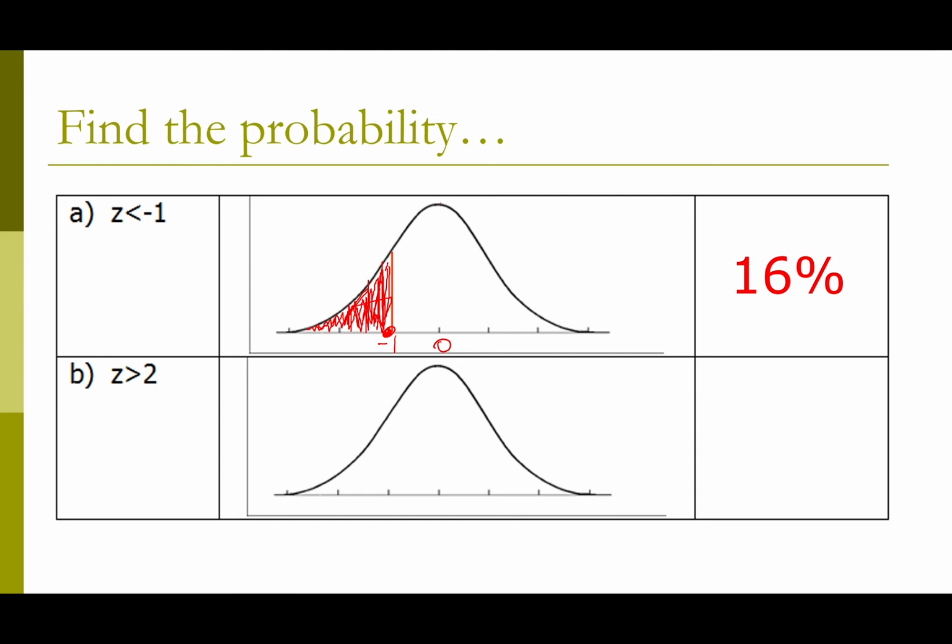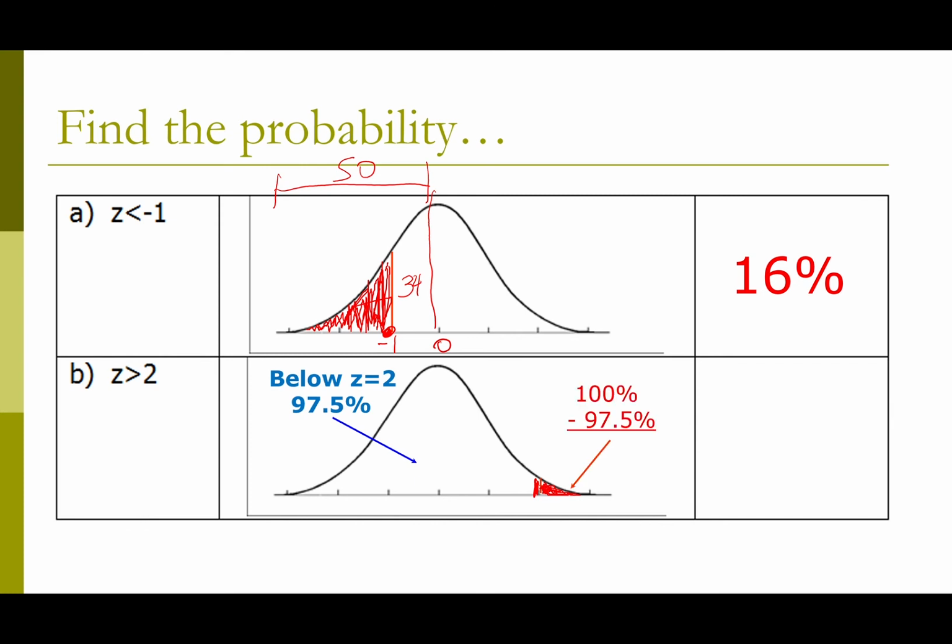Or I could know that this whole piece is 50%, and that between -1 standard deviations and 0 is 34%, and 50 minus 34 is 16. So I'm just kind of reasoning through it, but we have it written right above so we can look at it. What about a z-score of greater than 2? So we want to draw our line at 2, shade to the right, but that's not what a percentile gives me. A percentile gives me to the left. So to the left is 97.5%. So 100% minus 97.5% is 2.5%.